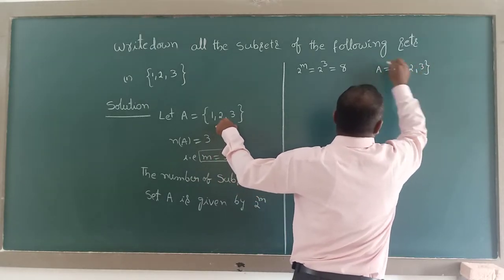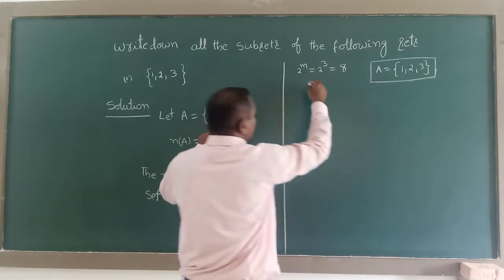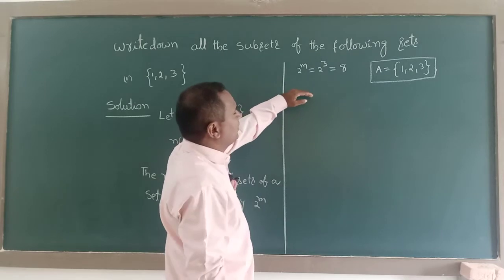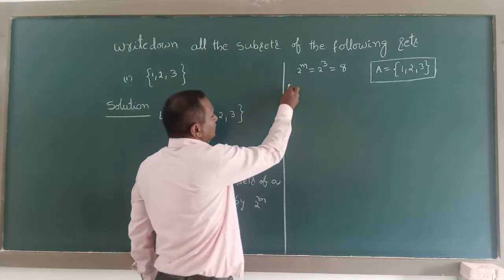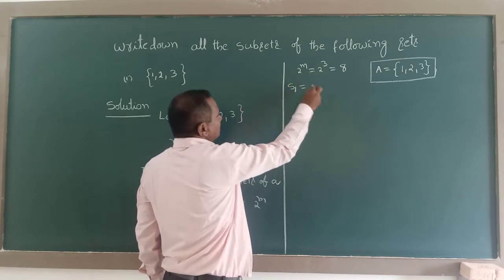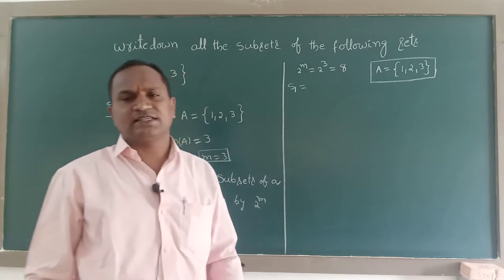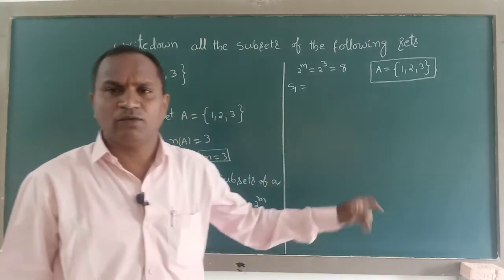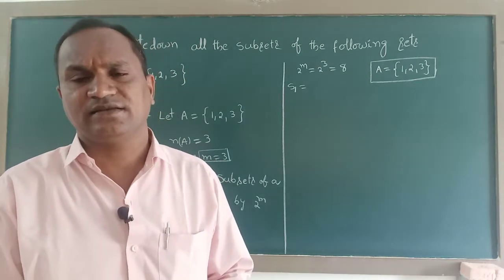Keep it on one side in a box. Now one by one we find the subsets: S1, S2 up to S8, we have to find 8 subsets. But they gave only 3 elements in the set. How to find 8 subsets here?